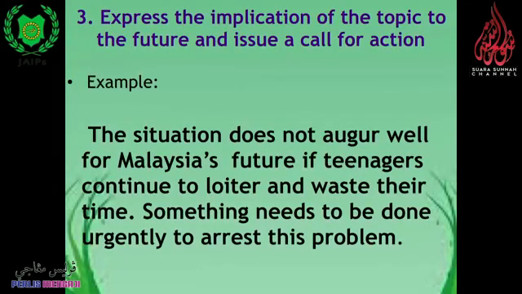So you are expressing the implication to the future. That is, teenagers continue to loiter and waste their time. This situation does not augur well for Malaysia's future. You call for action. You say something needs to be done urgently to arrest this problem. So you express the implication and you issue a call for the action.